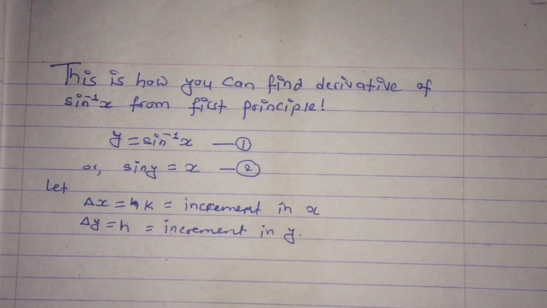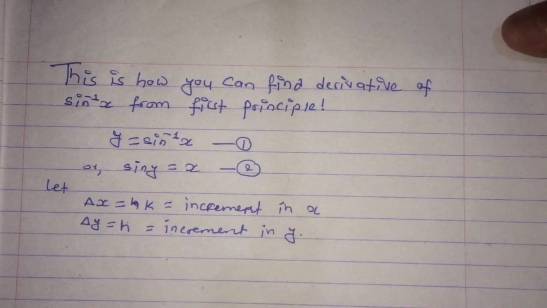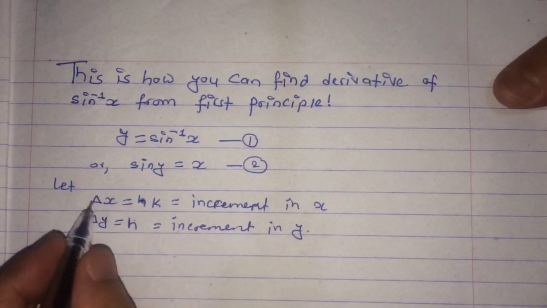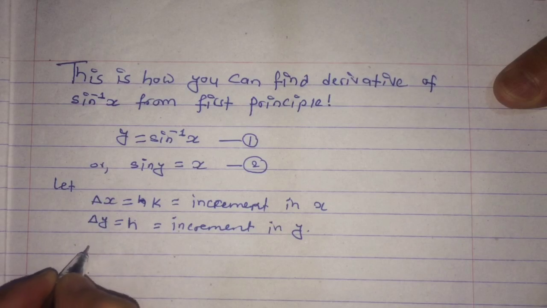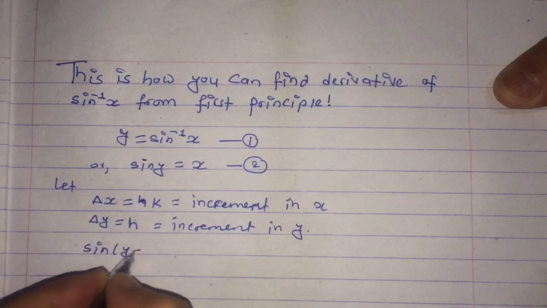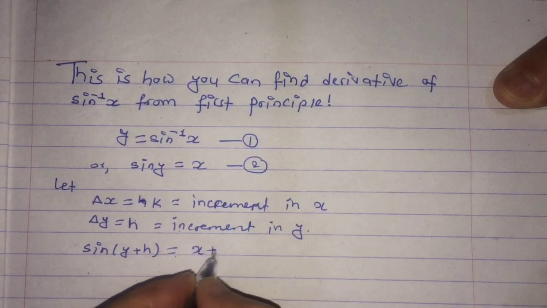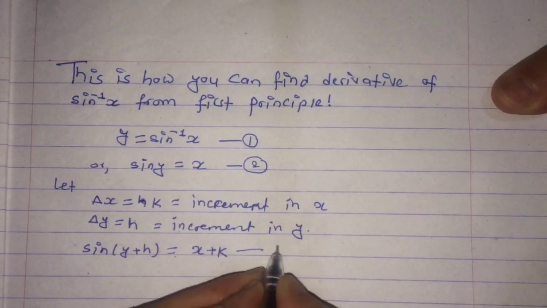Now equation 2 in terms of del x and del y can be written as sine of y plus h is equal to x plus k. Let this be equation 3.